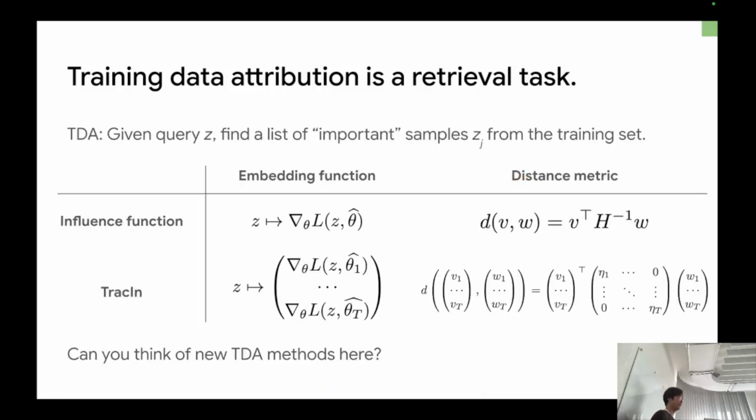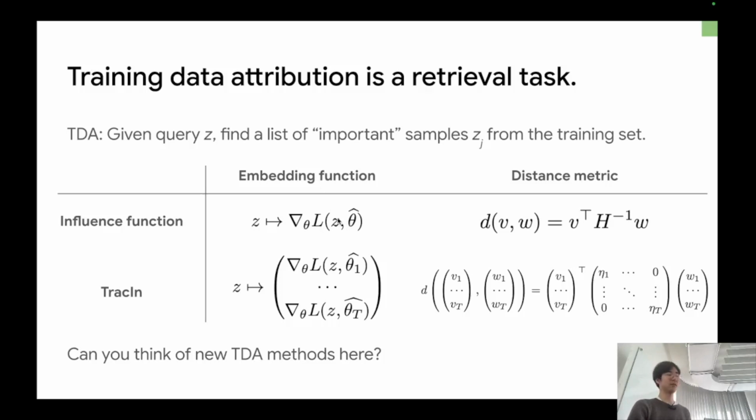And training data attribution using the influence function or TracIn is exactly an instance of this. For the influence function, the embedding function is given by the parameter gradient after the full training iterations.